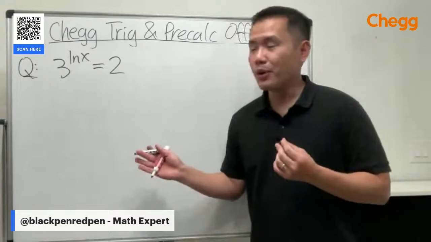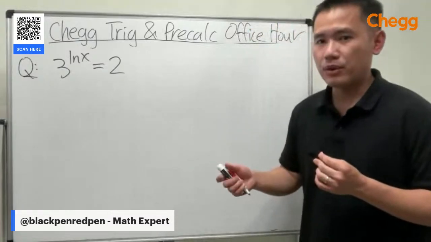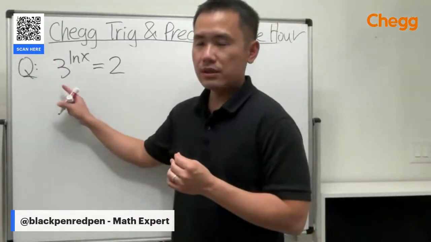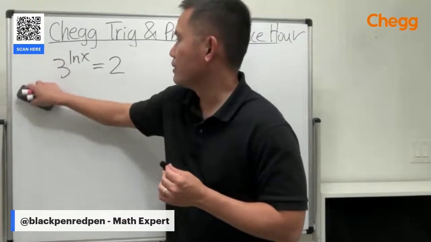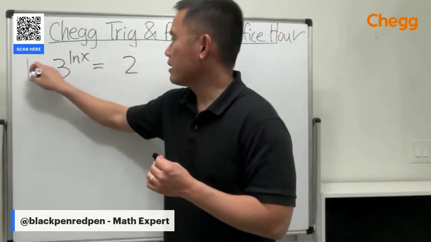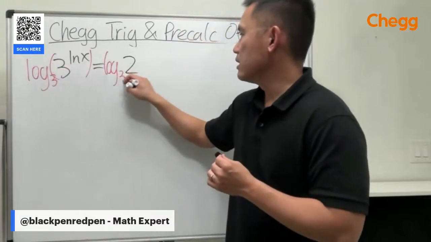So this one is not so difficult in the sense that if you know how to take the inverse operation along the way, it's not so bad, right? Firstly, let me erase the q, and let me give myself more space. We can just take the log base 3 to both sides, and that's fine.